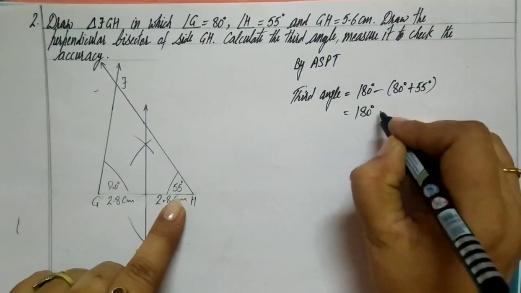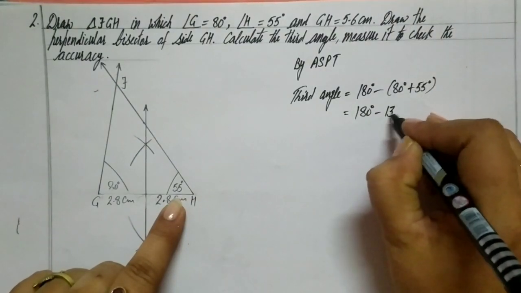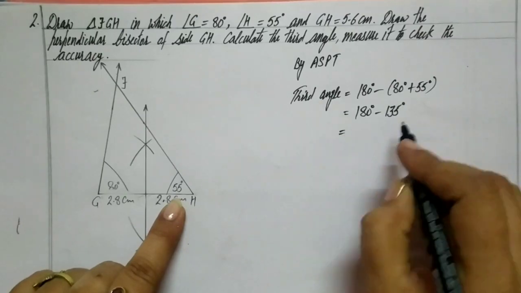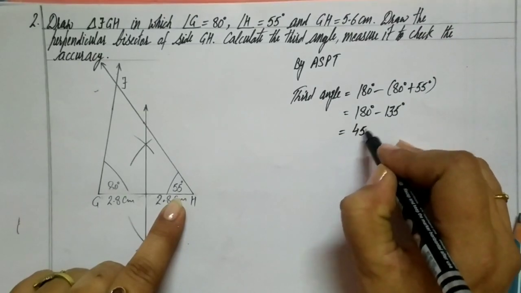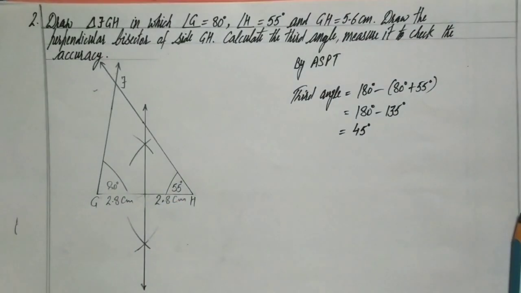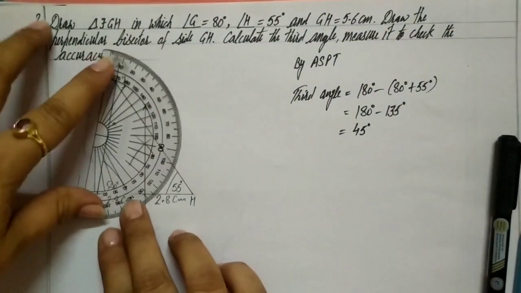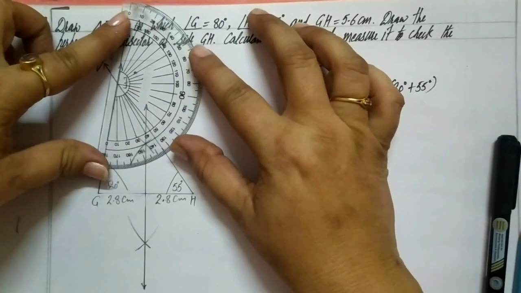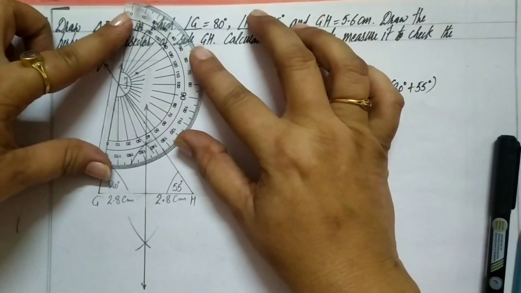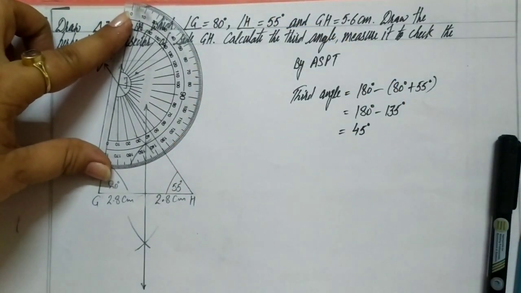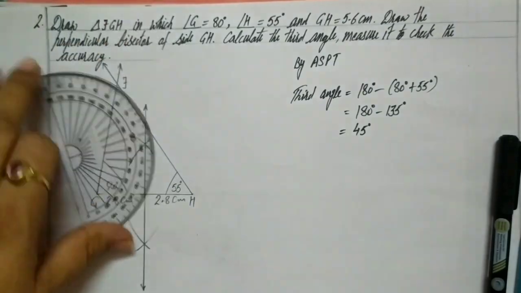It's 180 degree minus 135 degree, so it should be 45 degree. Now let's check the accuracy using our protractor. Yes, have a look. It's 45 degree.